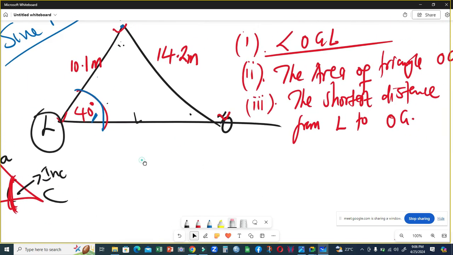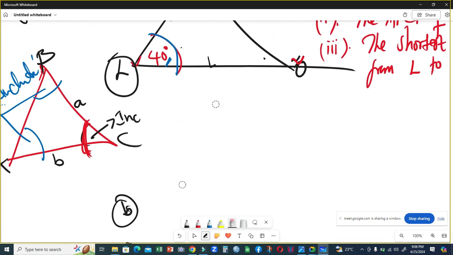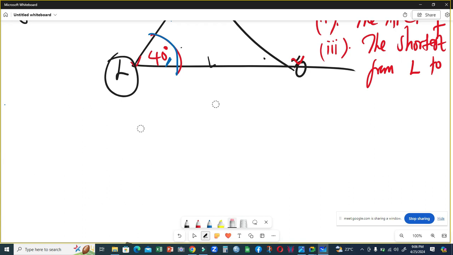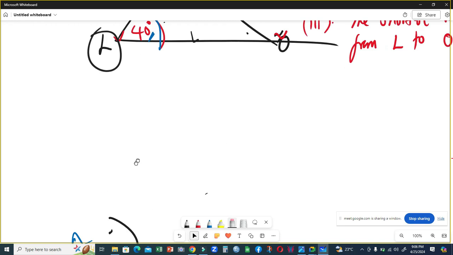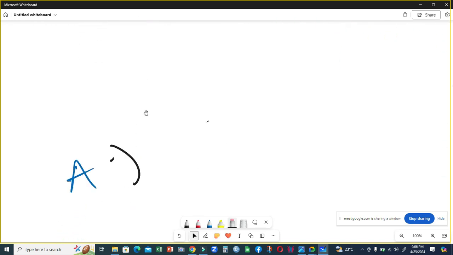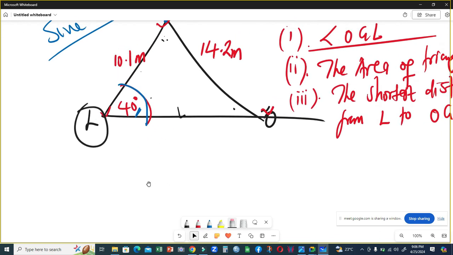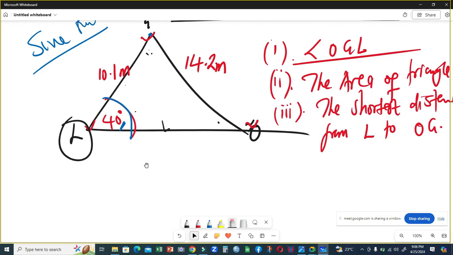Okay. Let me just also do this part. Okay, so the area of a triangle. Remember, we are dealing with a non-right angled triangle.